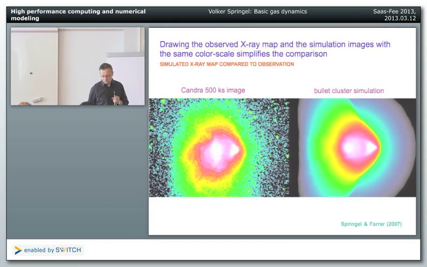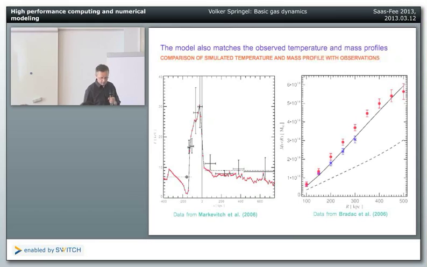In fact, such a simple model reproduces all the primary features of what's observed with very, very good accuracy. Here, just to make this point, are the observations of the temperature profile.